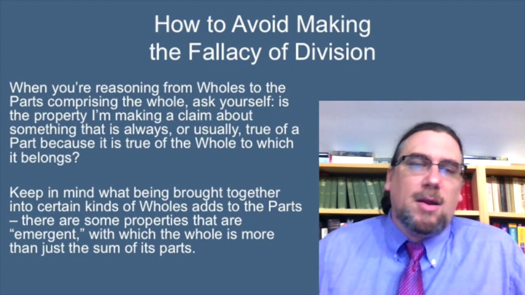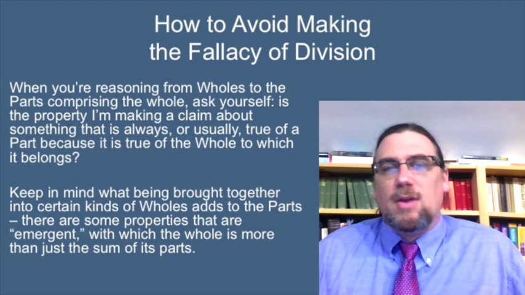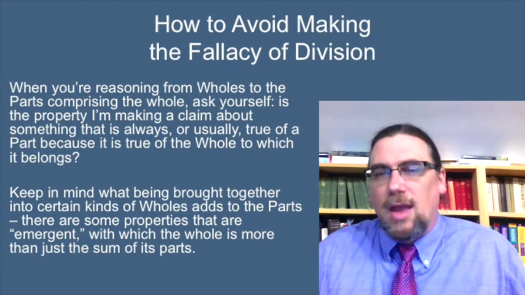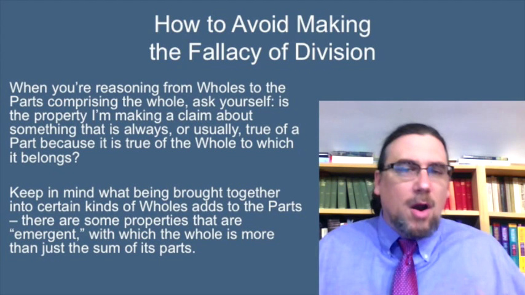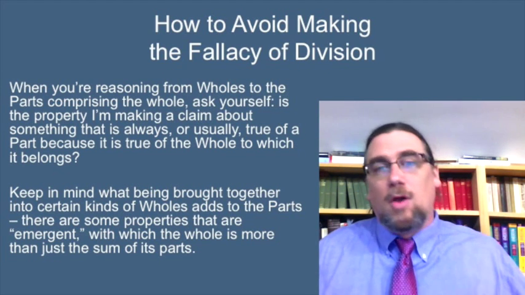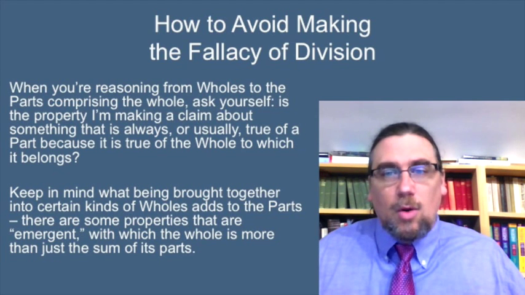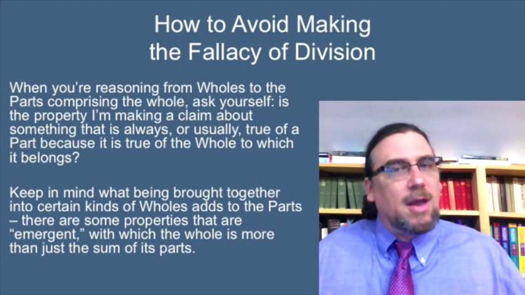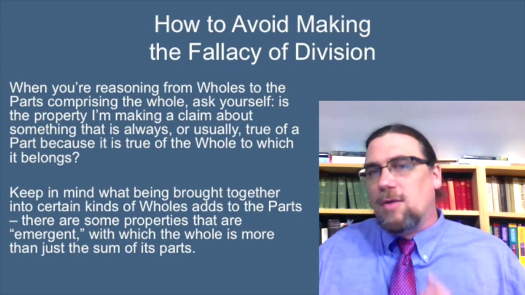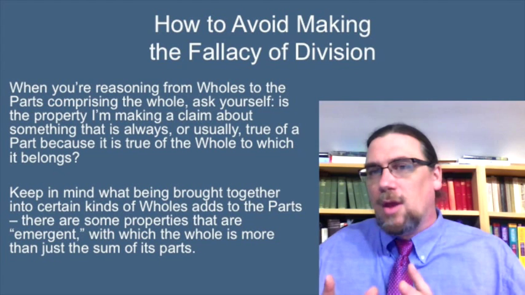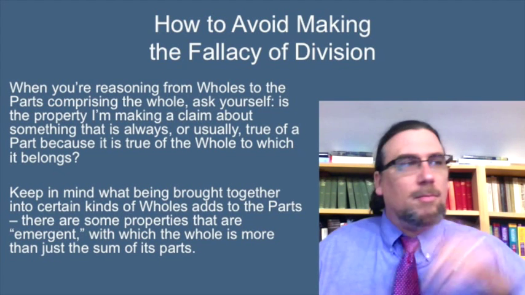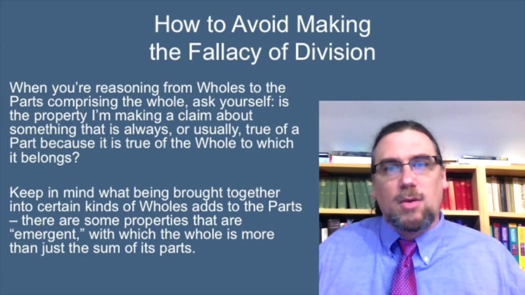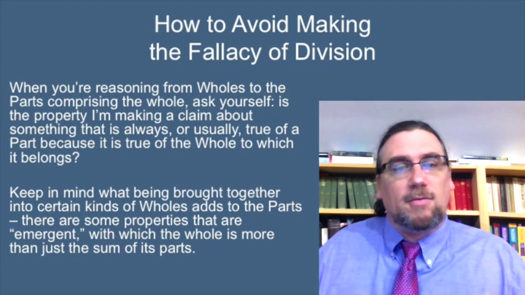And keep in mind what being brought together into certain kinds of wholes actually adds to the parts. There are some properties that are what we call emergent, with which the whole is more than just the sum of its parts. If we're dealing with that kind of property, then you have to be careful about what you're saying about the parts based on the evidence of what you know about the whole, because you might be falling into this fallacy of division.